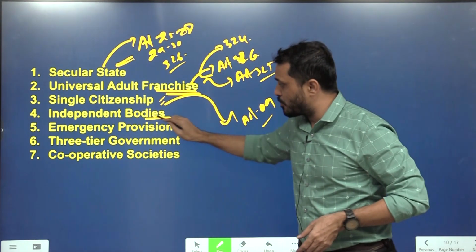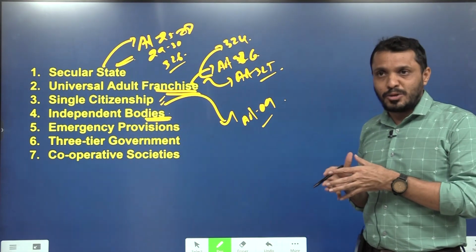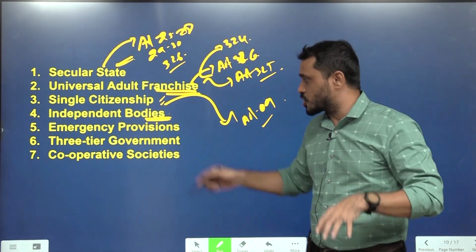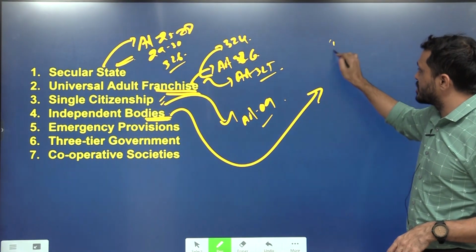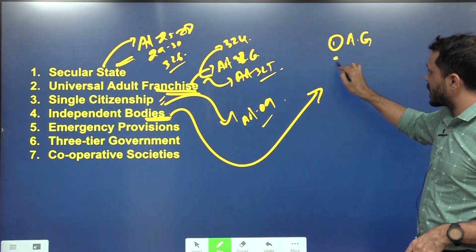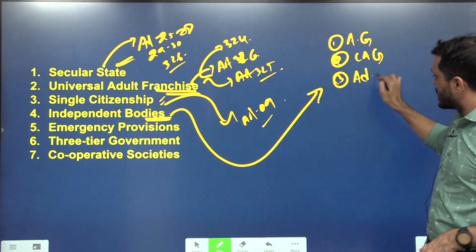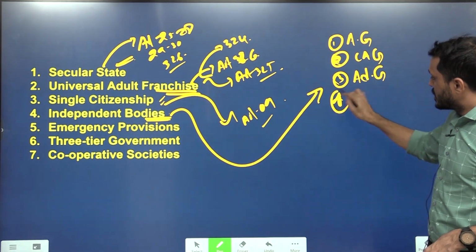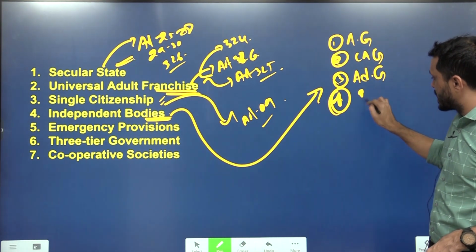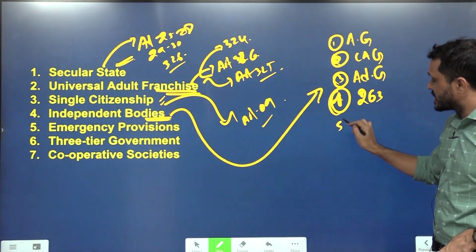Next, independent bodies. We will discuss these under the topic of constitutional bodies. What are the constitutional bodies in India? Obviously the Attorney General, CAG, Advocate General, then the Inter-State Council, Article 263.